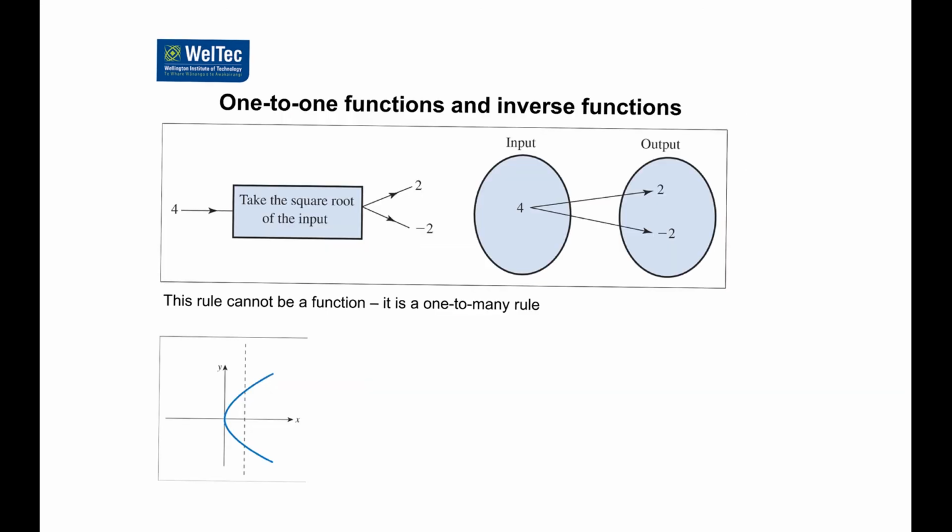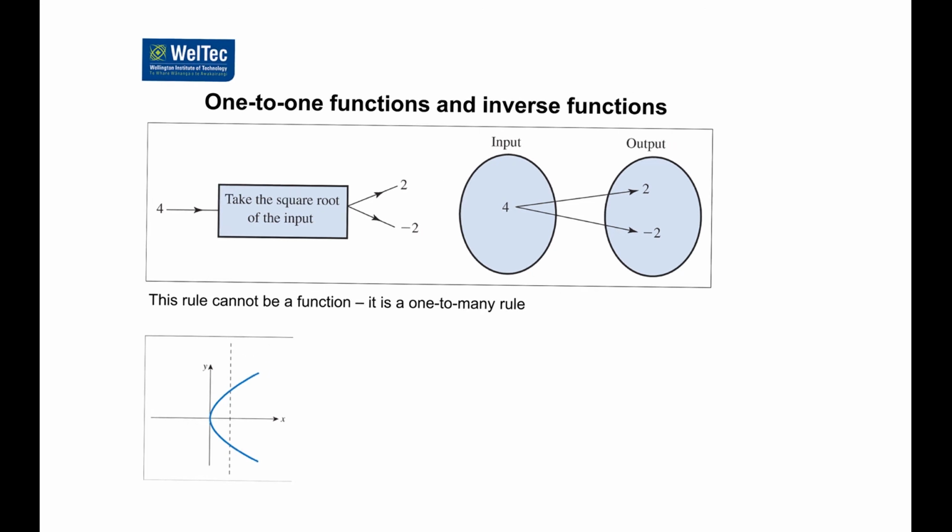Now, a special meaning of the word function is that an input has a unique output. If we look at the function here, take the square root of, it gives us two answers. The square root of 4 is both 2 and -2. So it's got two answers.